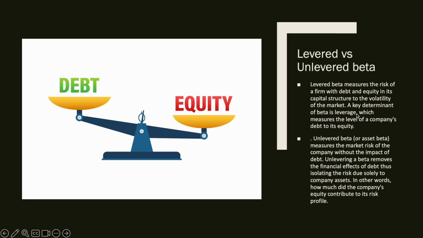Unlevering a beta removes the financial effect of debt, so it takes out the risk of the debt, which isolates only the equity. So unlevered beta represents the exposure to risk of the equity on its own. So this is it.